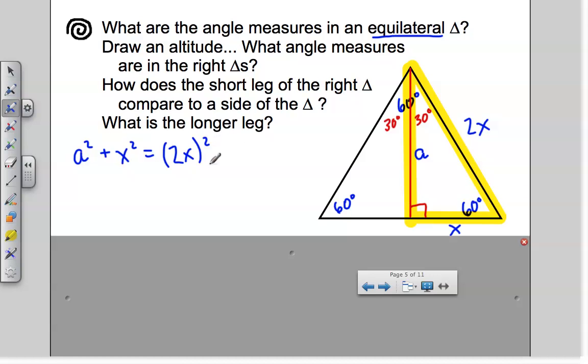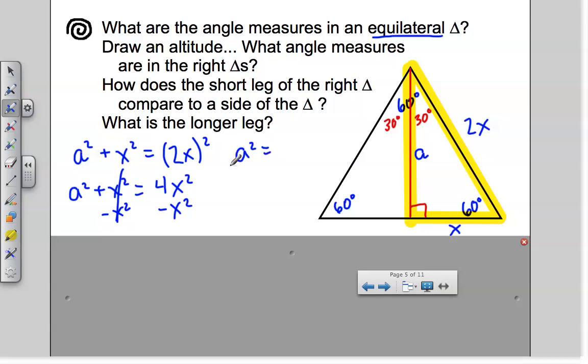Quantity has to be squared. Remember to square both of these. So now I have a squared plus x squared equals, I have to square 2 and get 4 and also square x. Now I'm trying to solve for a and get a alone, so I'm going to subtract x squared from both sides here.